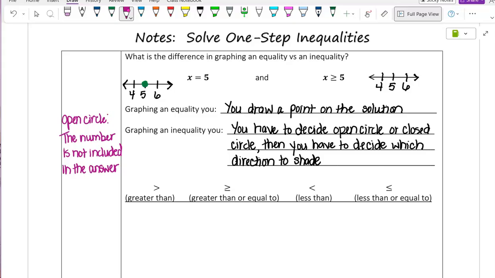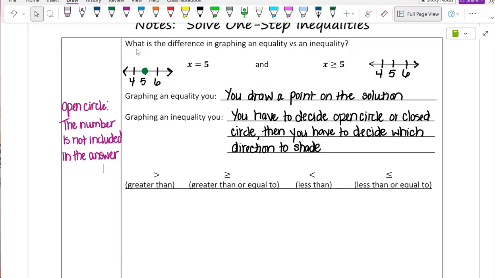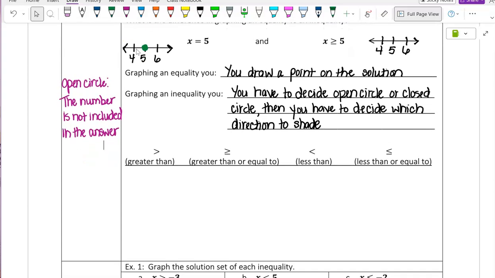And then closed circle, the number is included in the answer.